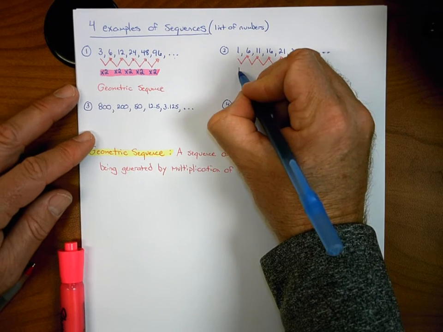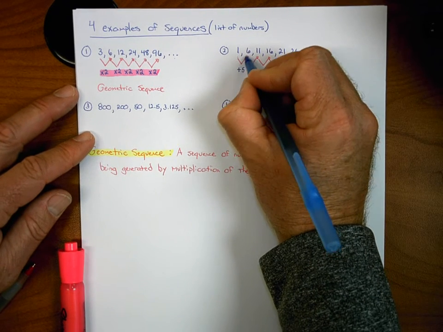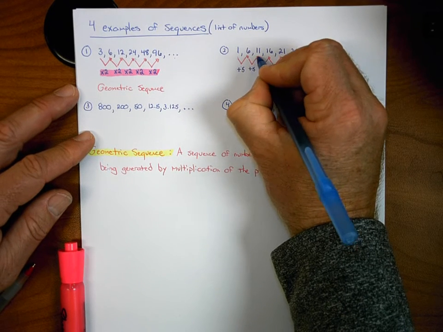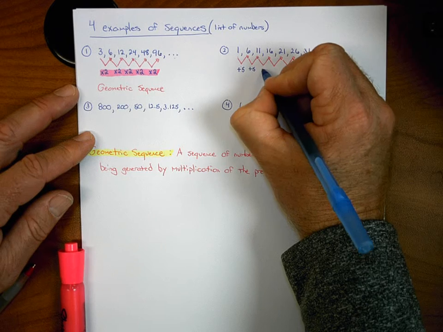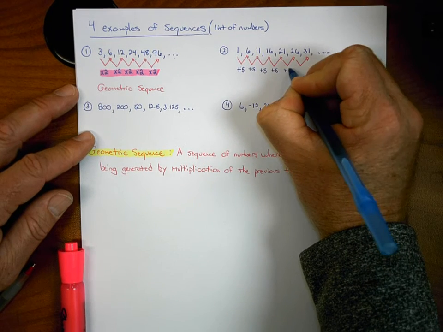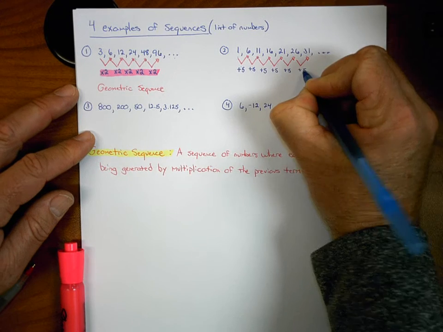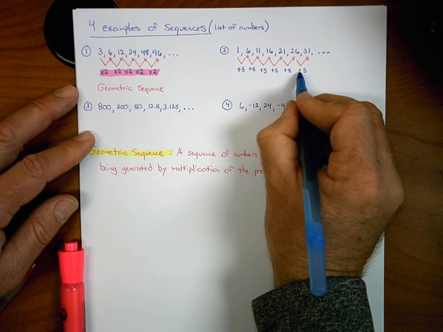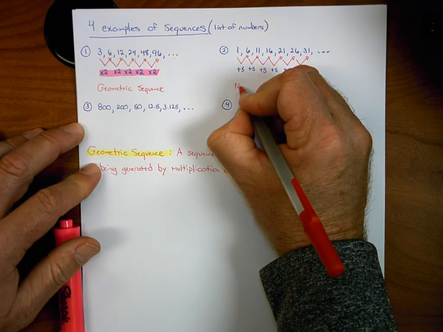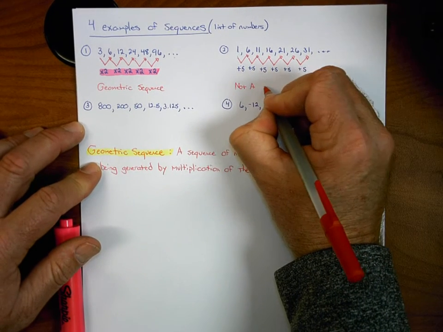Well, I'm adding 5. So 1 plus 5 gives me 6. 6 plus 5 gives me 11. 11 plus 5 gives me 16, and so on. Because I'm doing addition in this problem, this would not be geometric. So number 2 is not a geometric sequence.